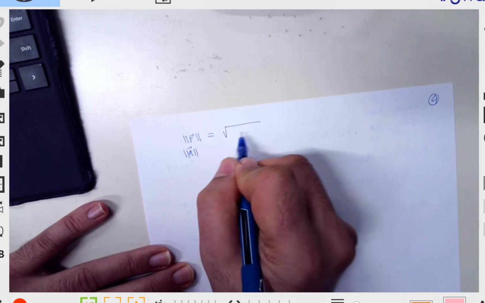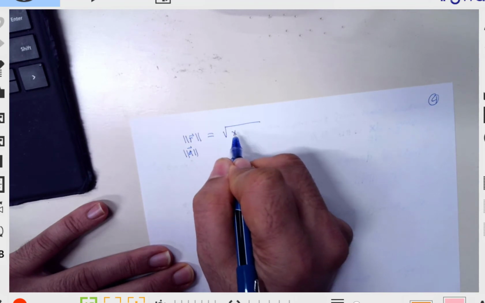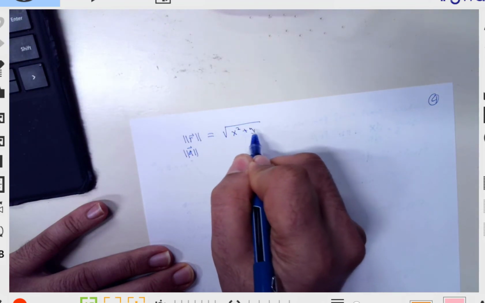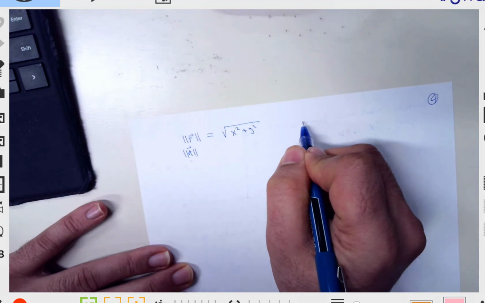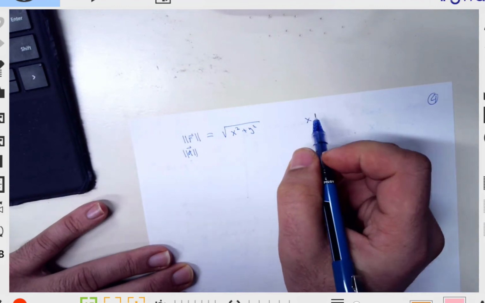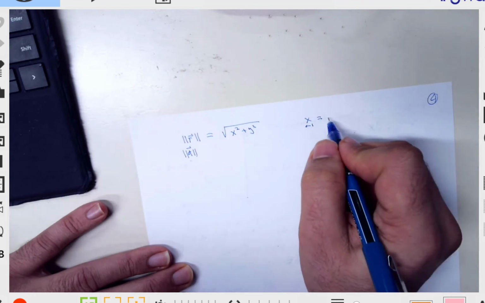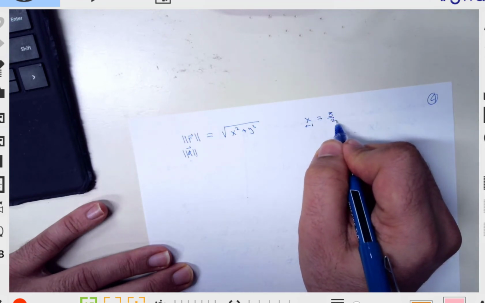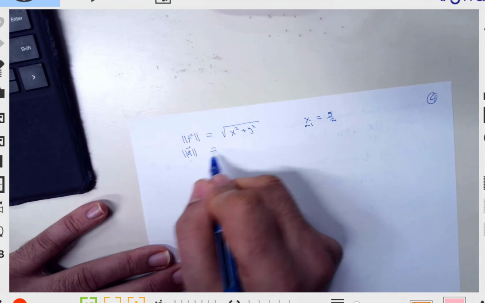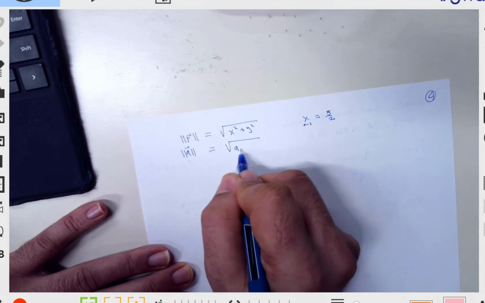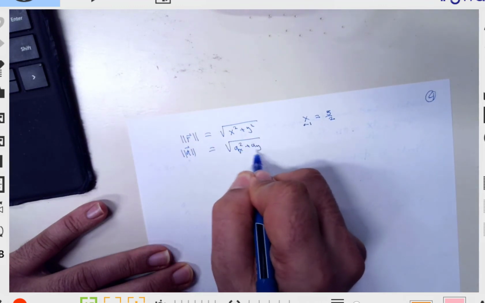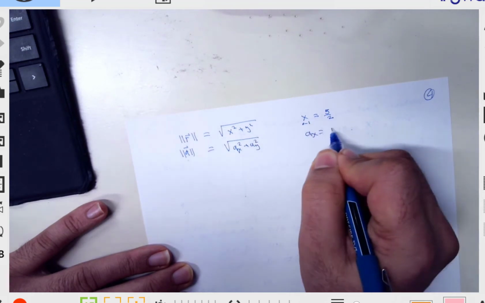What we did so far is we found the displacement from 0 to 1 second to be 5 over 2, and for the acceleration we found ax, and that was a constant.